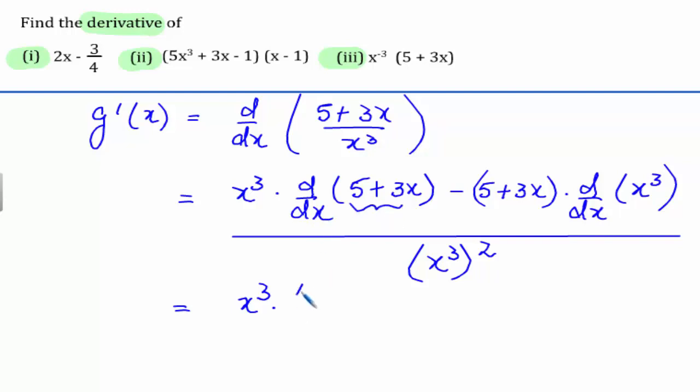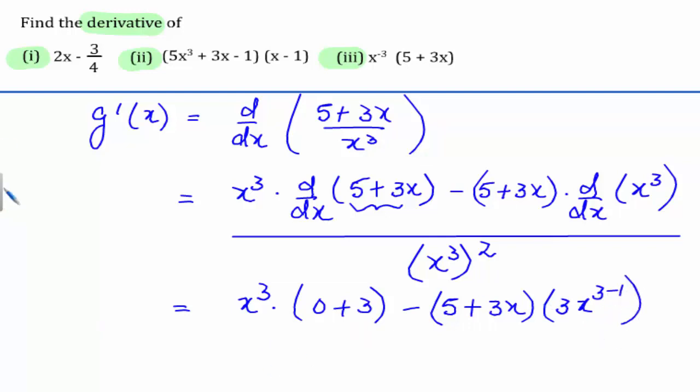Here the derivative of 5 is 0 since 5 is a constant, and the derivative of 3x is 3 times the derivative of x with respect to x, which is 1, and 3 ones are 3, minus (5 + 3x), and here we have 3 times x raised to the power 3 minus 1, as we have done in the previous part, whole divided by x raised to the power 6.